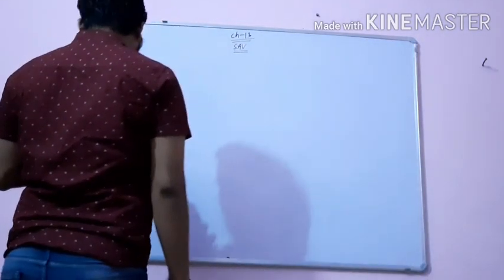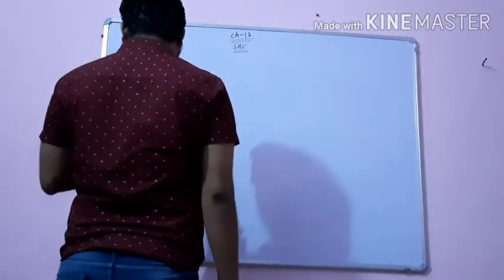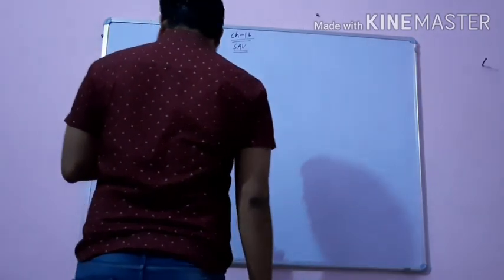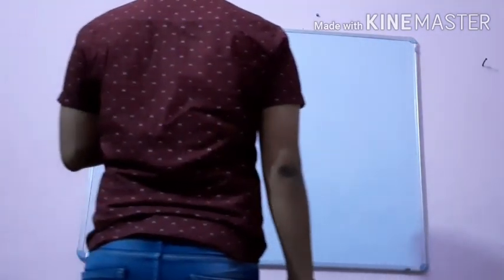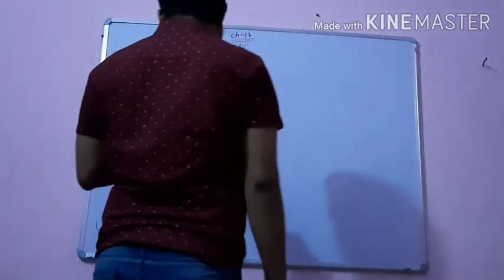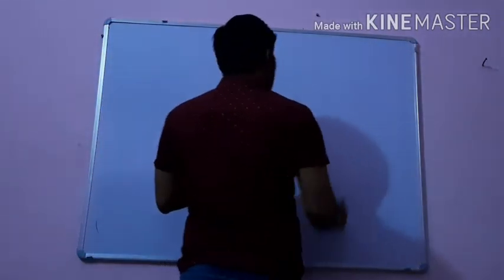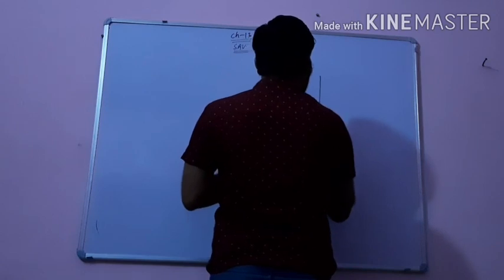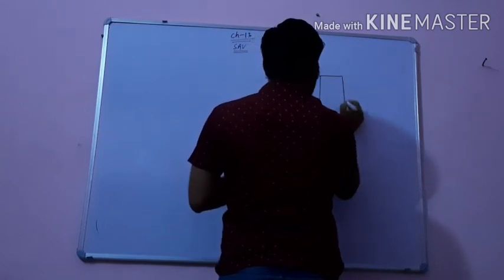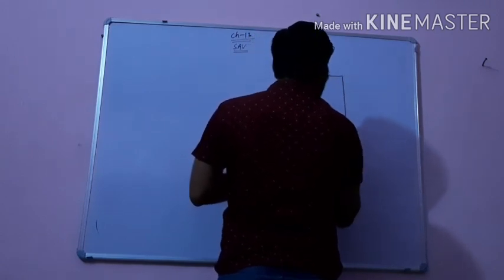The child has built a structure as shown in the figure. If the edge of each cube is 3 cm, find the volume of the building. Now see, the figure is like this.